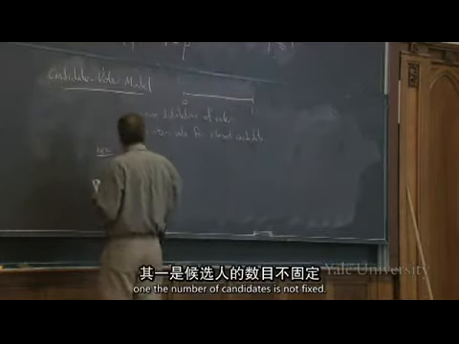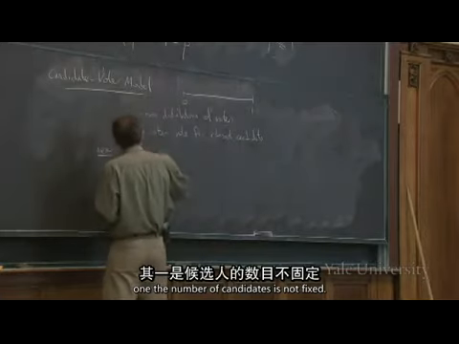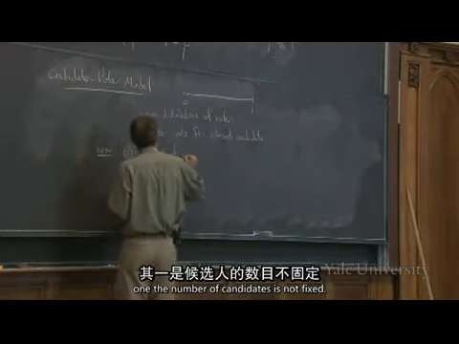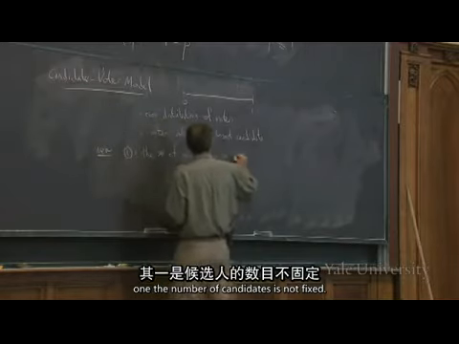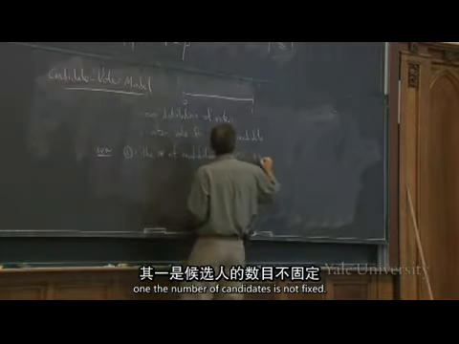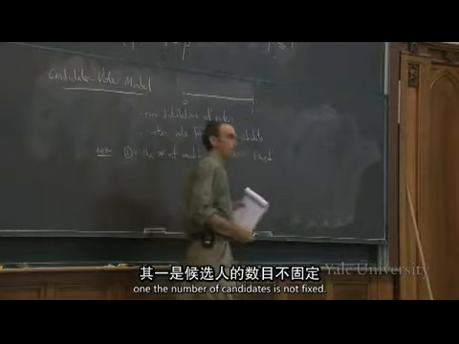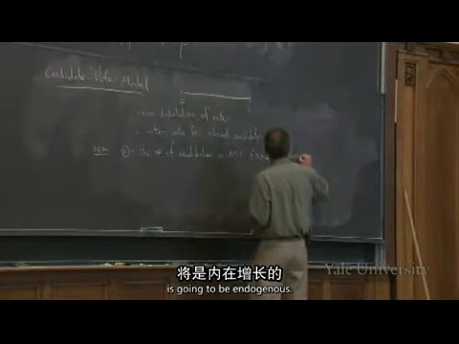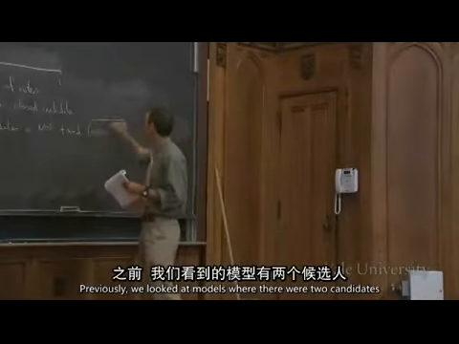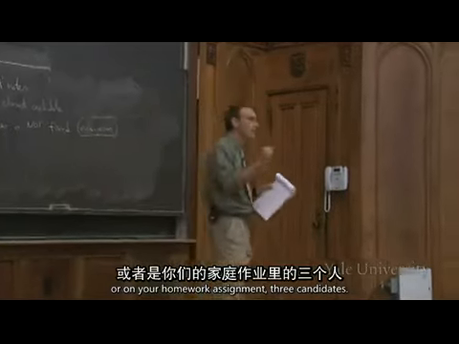So in particular, the new things here, two things. One, the number of candidates is not fixed. So the number of candidates in this model is going to be endogenous. All right. Previously, we looked at models where there were 2 candidates, or on your homework assignment, 3 candidates.